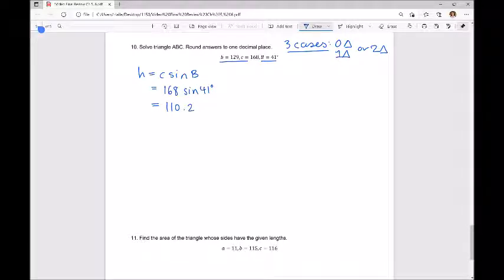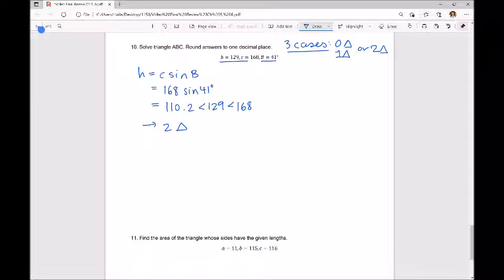The important thing to notice about this height is that it's less than side b, so it's less than 129, and it's also less than 168. So maybe I should restate that. 110 is less than 129, and 129 is less than 168. When you get this chain of inequalities like this, it tells you that we're going to get two triangles.